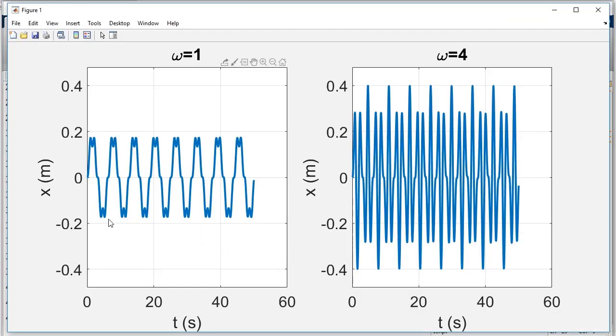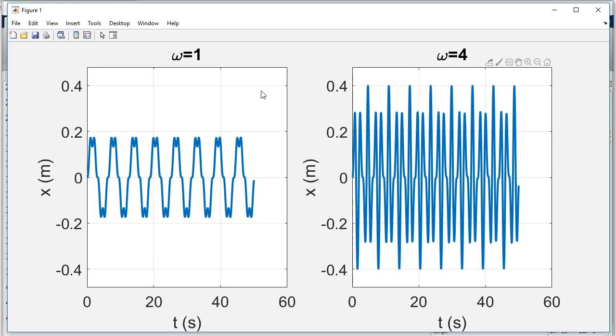let's see what we got. So here you can see that by changing omega, not the amplitude of the force, just the frequency of the force, the maximum response that we got for the amplitude of vibration, the position of the particle, changed dramatically. Here a little below 0.2, and here almost 0.4 for the maximum displacement.